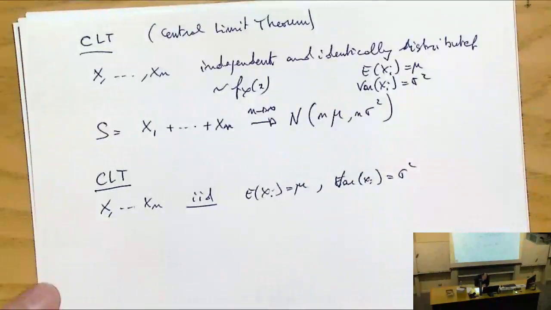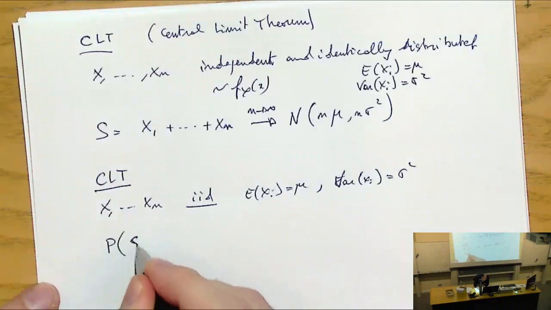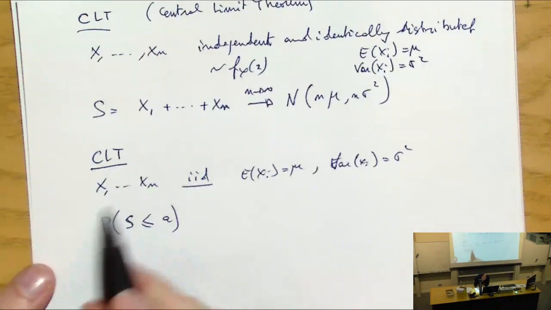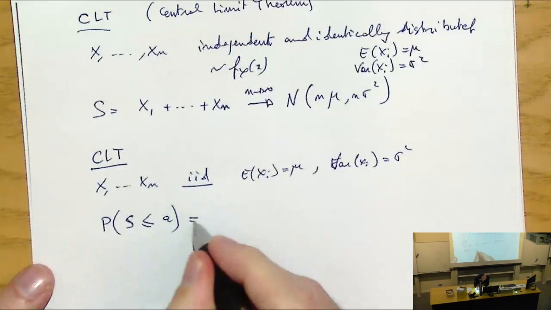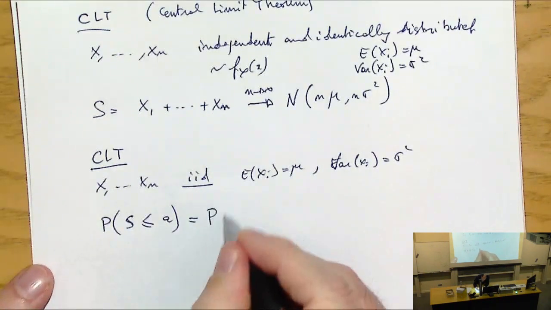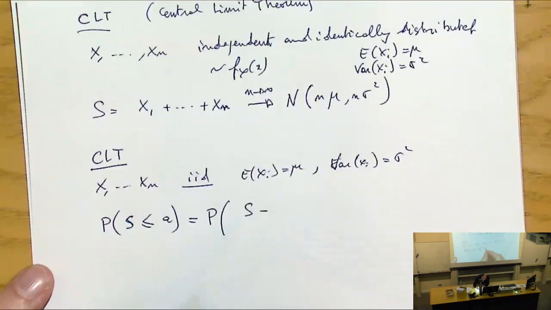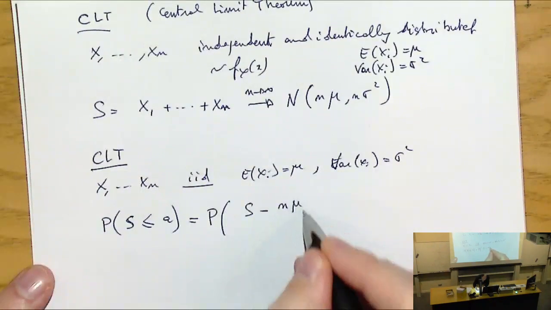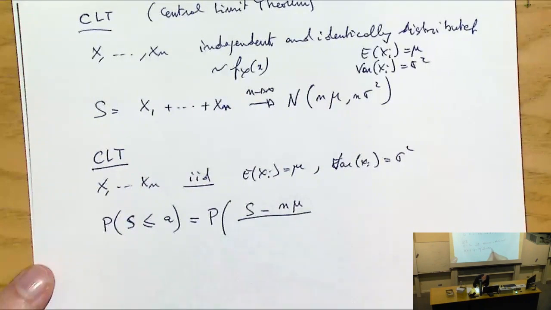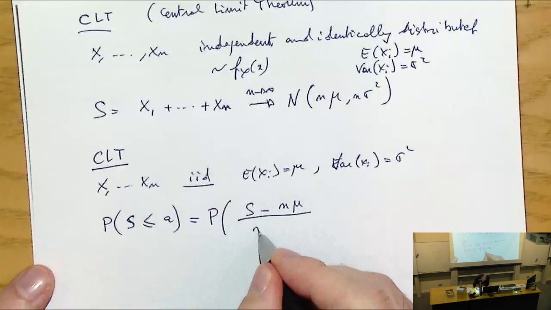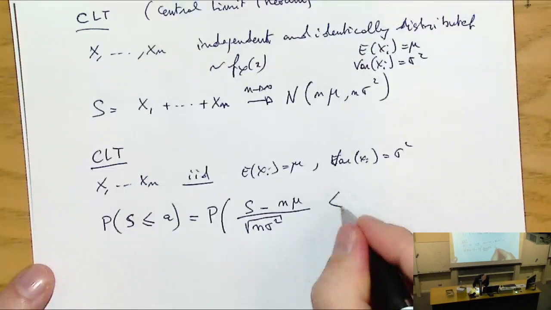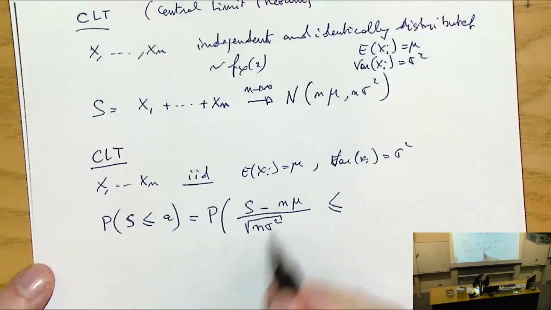What CLT says is the probability of this sum of n random variables being smaller than something, so I'm looking at the CDF, can be written as S minus the mean of S, which is n mu, divided by the standard deviation of S, here n sigma square. So I just subtract n mu and I divide by root n sigma square.